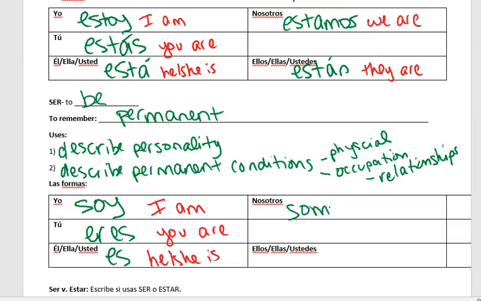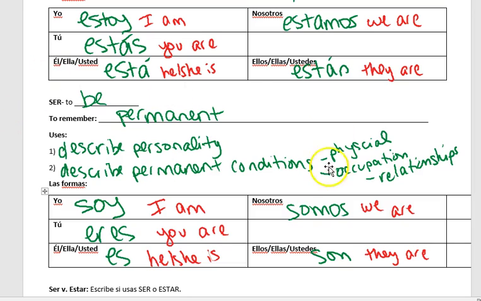Somos, we are. And son, they are. So those are your verbs for estar and for ser. Now, if you misuse these, you will be understood, but these are the differences.